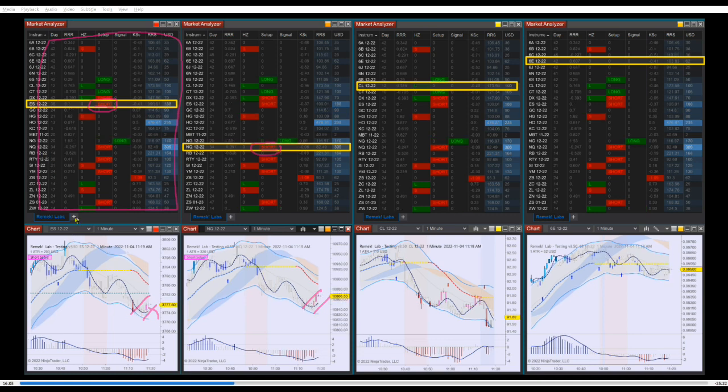So there are many, many different ways. You can do the same thing with ZB and ZN, or sometimes with GC and SI. Not to mention, of course, currencies, where oftentimes major pairs are setting up trades against the US dollar. So there are many, many ways to use this profitably, and we can talk about finer details in a later video.